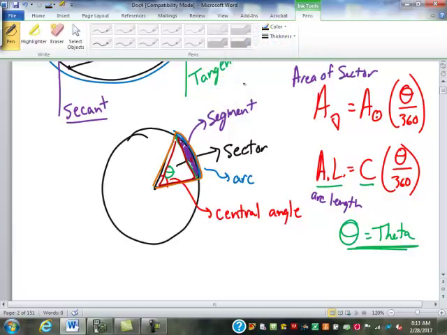Actually, at this point, we're not going to be calculating the areas. We're going to be looking more at the arcs, and not necessarily the physical length of the arc. We're going to be looking more at the arc as a fraction of the circle.